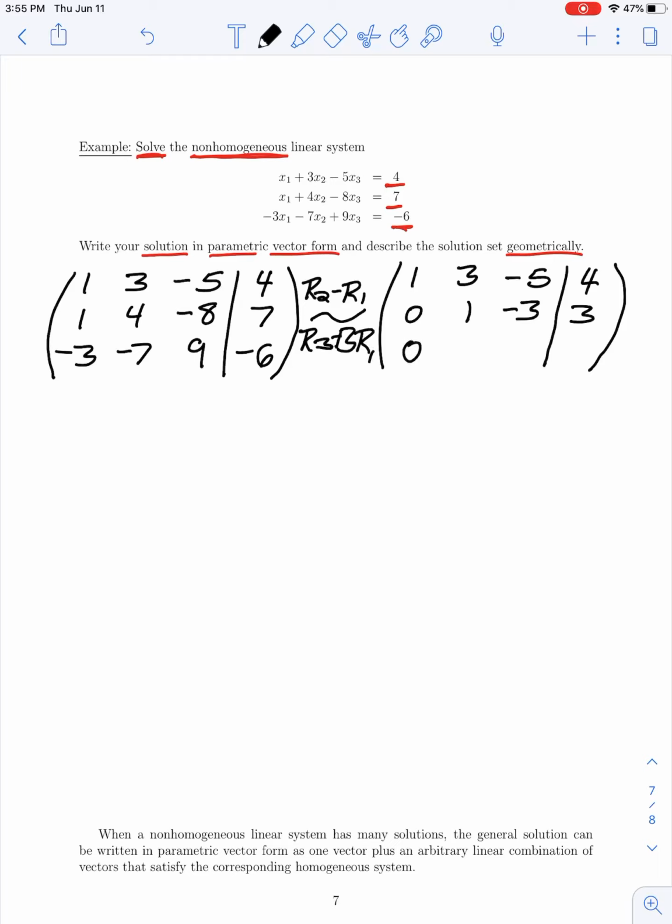So this gives me 0, 9 minus 7 is 2, negative 15 plus 9 is negative 6, and we've got a 12 minus 6 is 6. All right. So simplifying a bit further, I can take row 3 minus twice row 2.